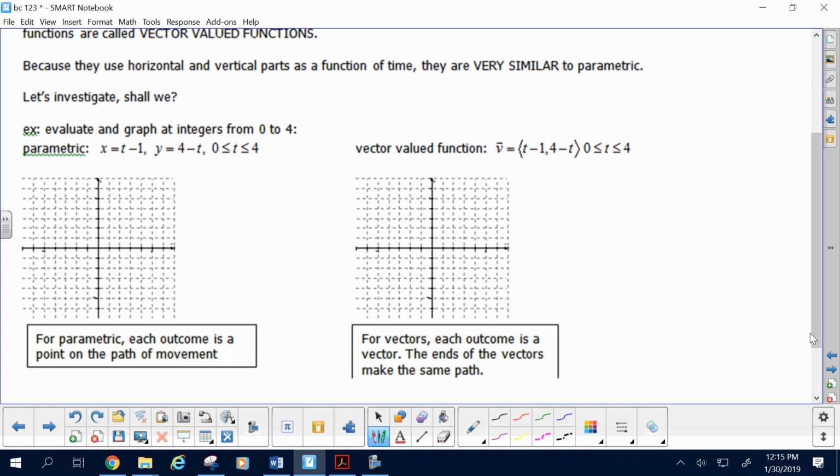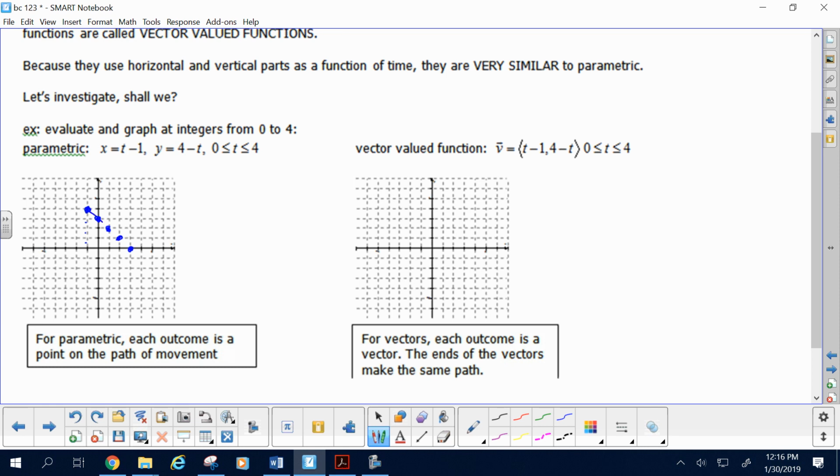Negative 1, 4. Negative 1, 1, 2, 3, 4. It's right there. At time 1, where is it? 0, 3. At 2, where is it? 1, 2. And at 3, where is it? 2, 1. And at 4, where is it?